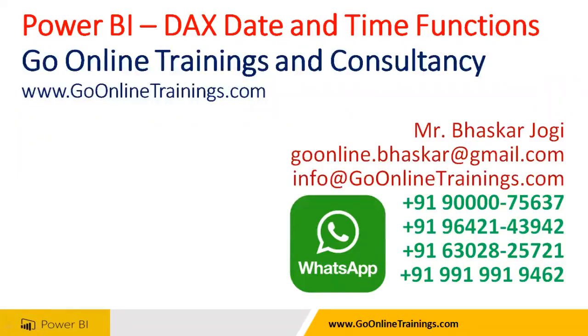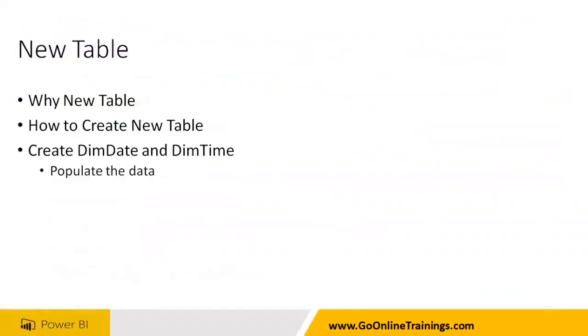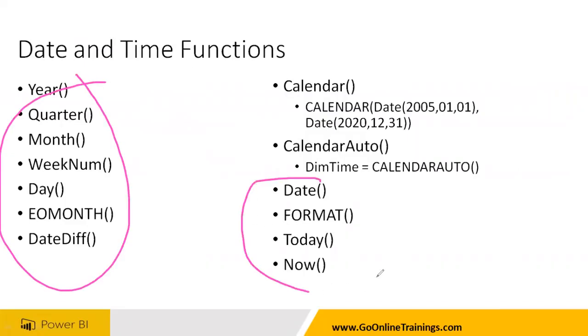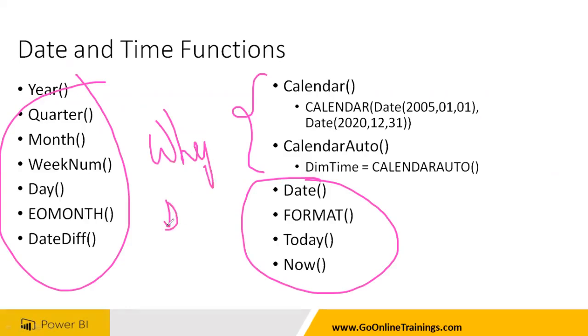If you have any questions, please ask me now, because without these you will not be able to understand. Clear? What are the important ones? These are not very important; anybody can talk about this one. These two are very, very important. We have to know the first question: why is the dim date table important?